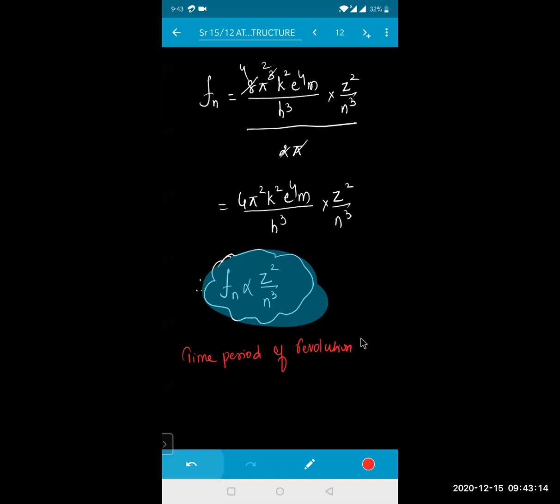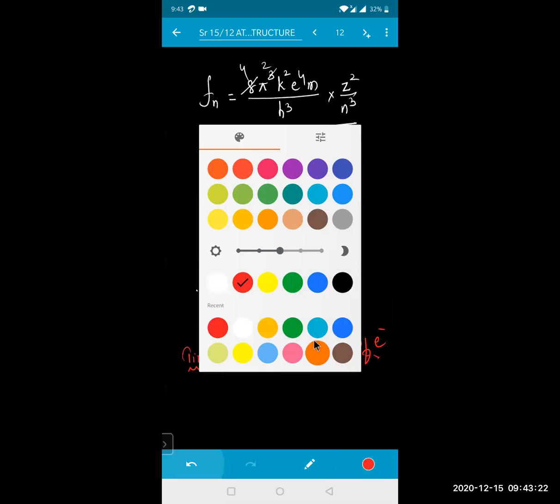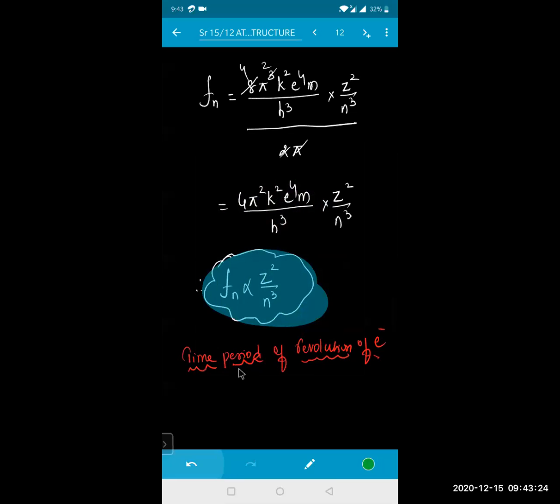If I'm talking about the time period of revolution of electron, once I know the frequency, I know how to calculate that, because time period is inversely proportional to frequency, isn't it? That means that will become h cube divided by, that will become reciprocal, 4 pi square. This one is nothing but how much for me? Frequency, how much did it come?